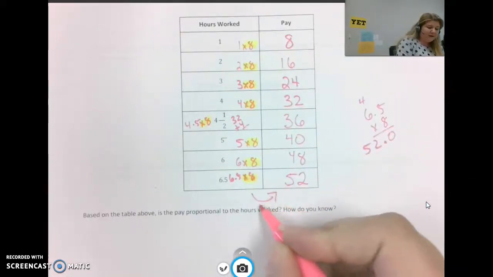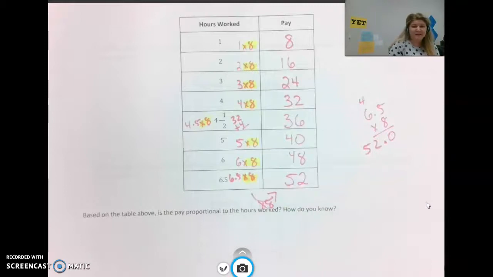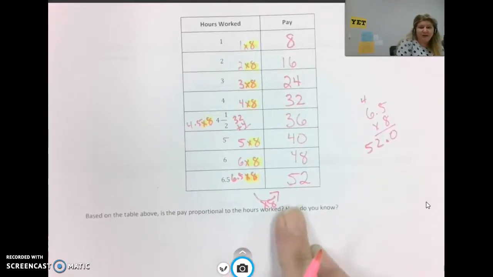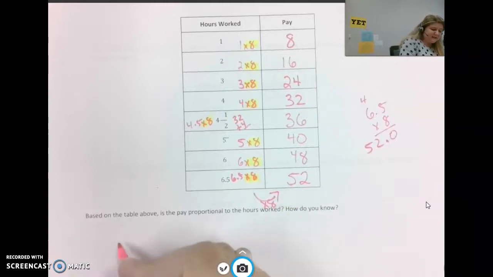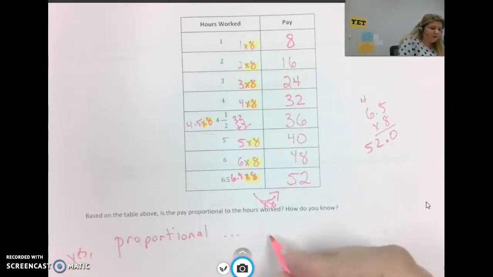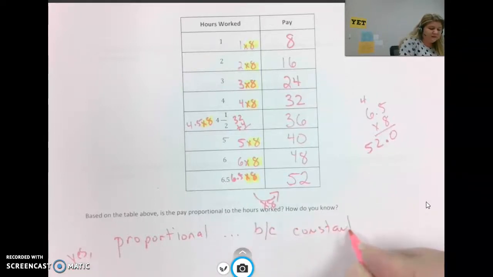Every time here we are doing times 8 consistently. We have a constant unit rate, which is $8 per hour. So yes, this is proportional, because there is a constant unit rate of $8 per hour.